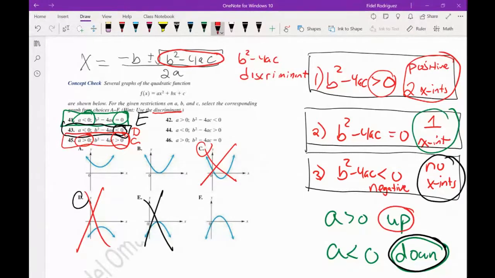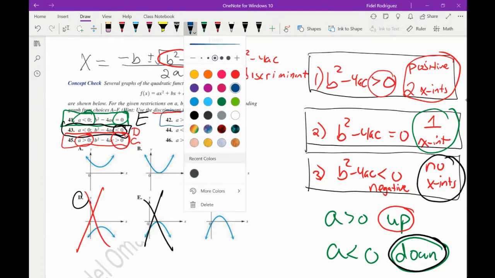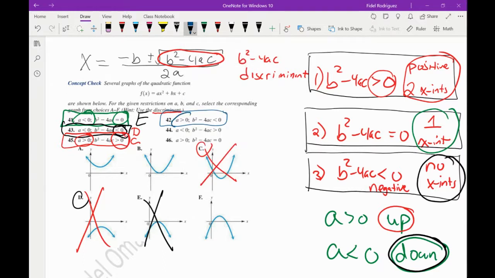So again, this is really all I'm doing in these problems. I'm just trying to figure out which one is going to get matched with which one, okay? So now look, let's do 42. I'm going to come back and look at 42 right here. As I look at 42, first thing I notice, A is positive. Well, if A is positive, my graph's going to open up.